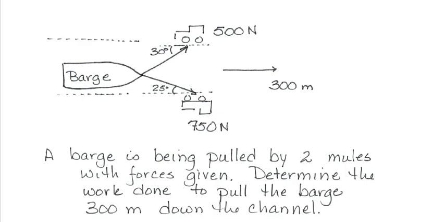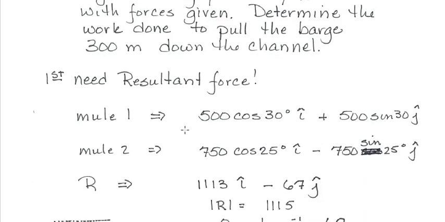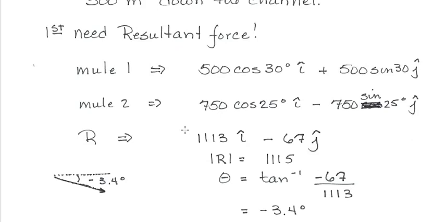So the first thing that we're going to have to do is figure out the resultant force. We're going to use that mule 1 was 500 newtons. We've got to deal with its individual components, its X and Y components. Same thing for mule 2. We've got to deal with its X and Y components, and we're going to be able to calculate that resultant force.